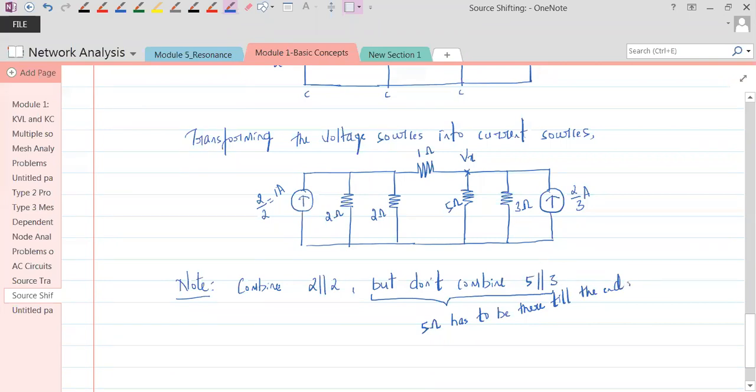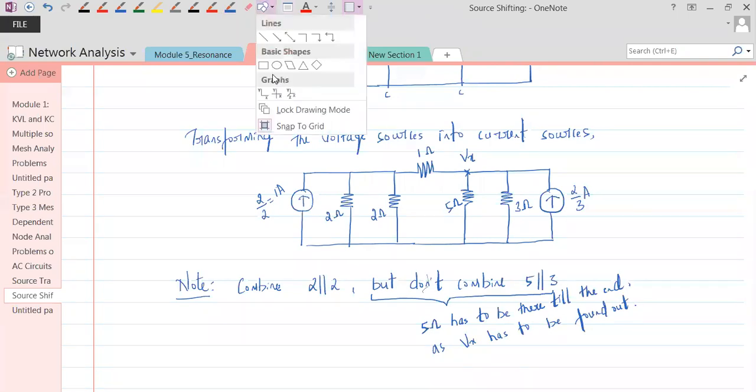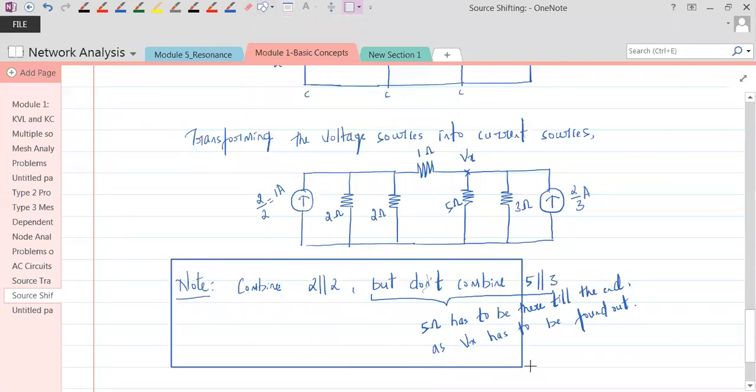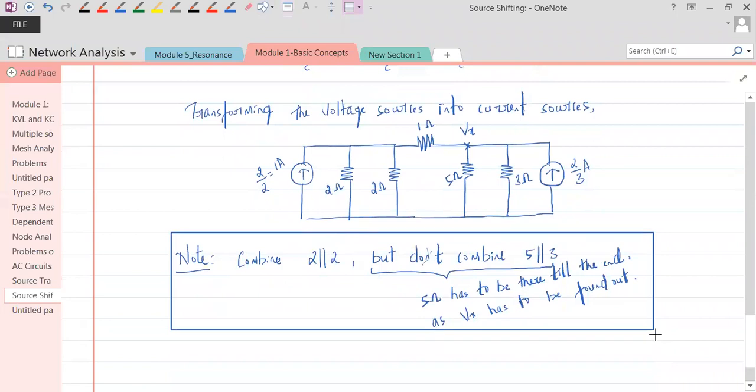We're not supposed to lose that because we are asked to find out Vx, as Vx has to be found out. Understand this point, everybody? So you have to keep this in mind. So before we do anything, what is asked and why we are doing that is something that you need to remember.